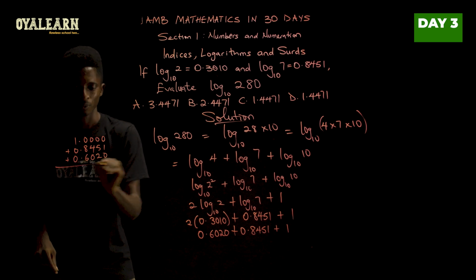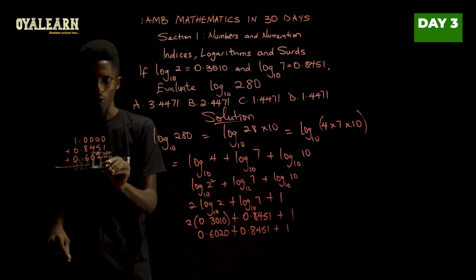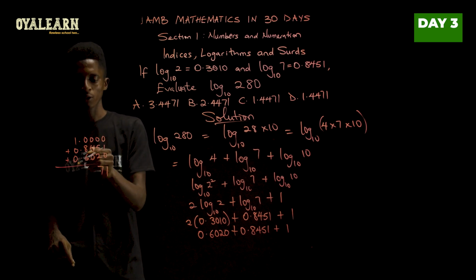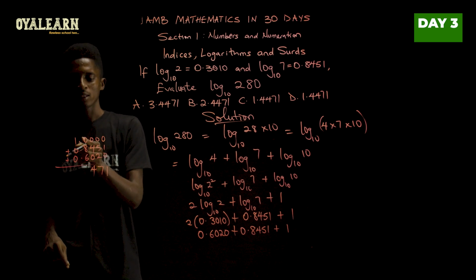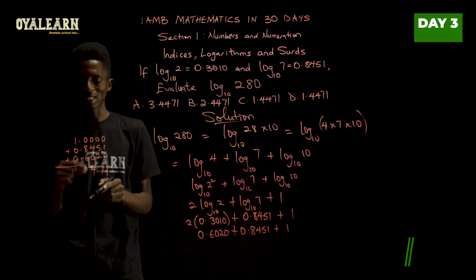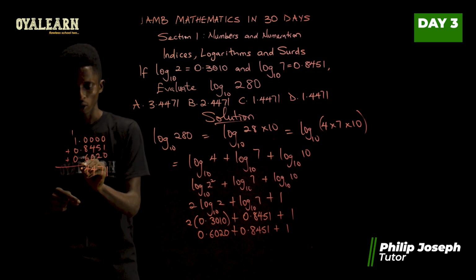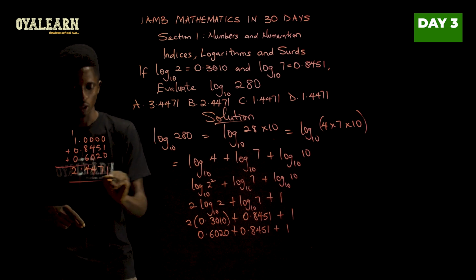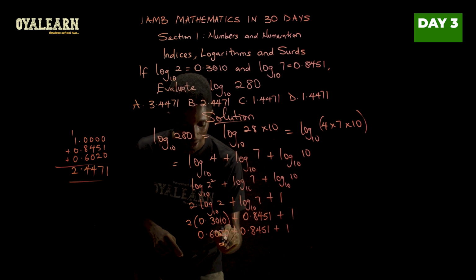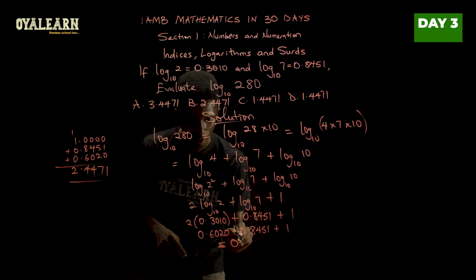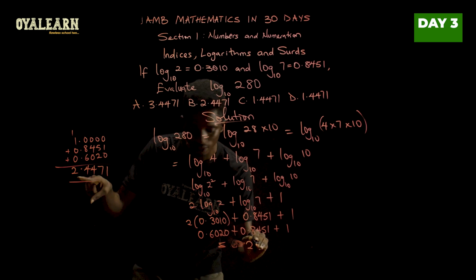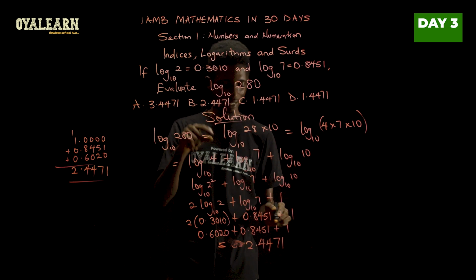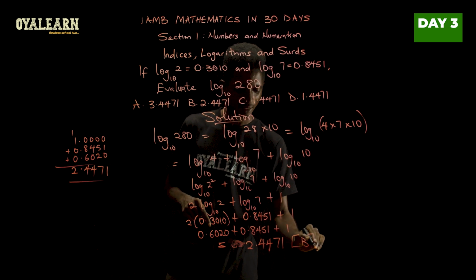Now let's add. 0 plus 1 plus 0, that is 1. 0 plus 5 plus 2, 7. 0 plus 4 plus 0, that is 4. 0 plus 8 plus 6, that is 14. So 4, carry the 1. Don't forget the decimal point. Now 1 plus 1 plus 0 plus 0 will give us 2. So our final answer is 2.4471. Now from the options provided, the correct option is B.